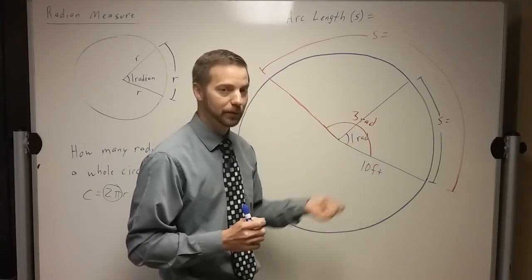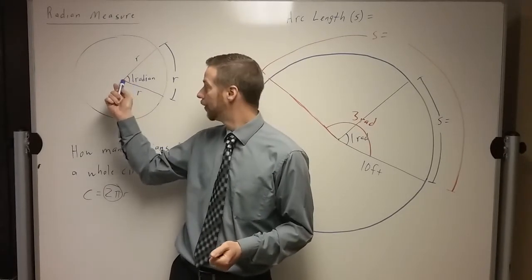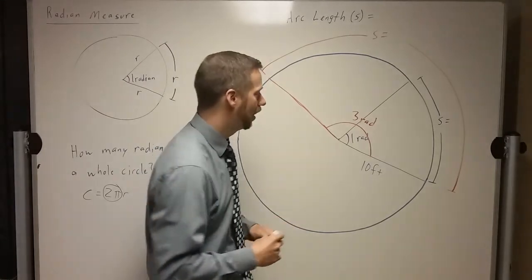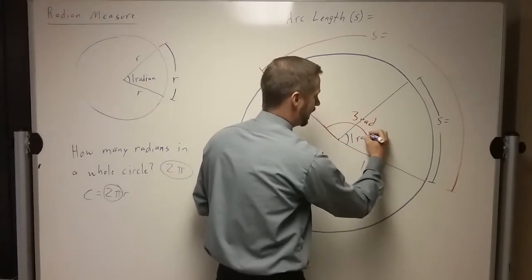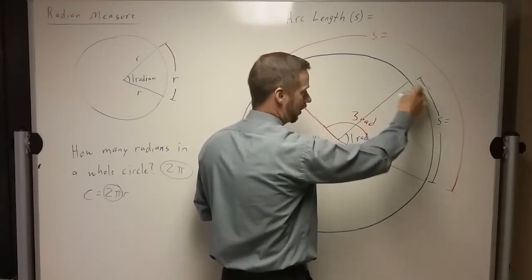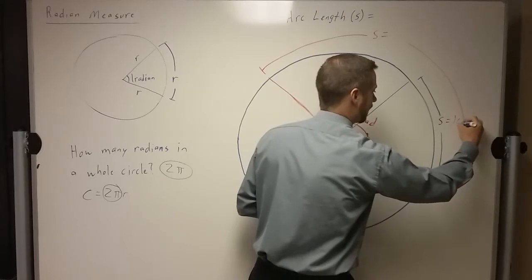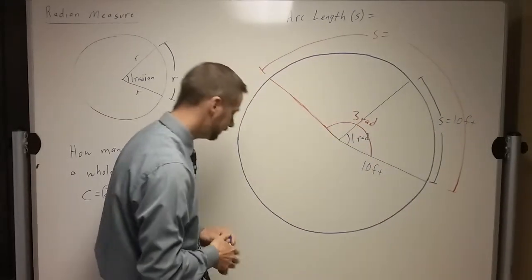Now, if this is 1 radian, think about what we said over here. If it's 1 radian, the radius is the exact same thing as the arc length, which means this 1 radian angle right here would make this arc length right here the same as the radius. So the radius is 10 feet, which means that arc length right there is 10 feet.